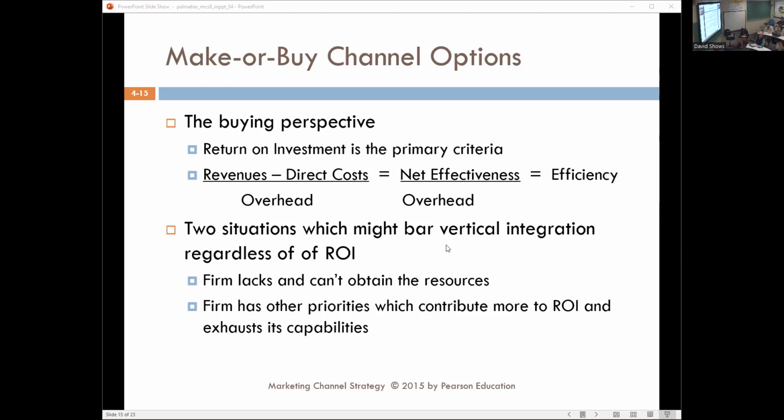Overhead is any amortized cost that is not directly associated with the production of goods. Overhead would be like the depreciation on plant and equipment, legal fees, the monthly power bill.